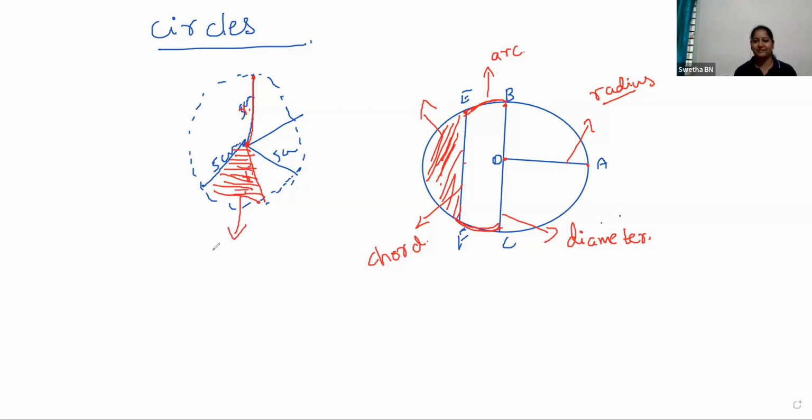This is sector. This is segment. Sector is nothing but the region between the two radii and the arc. The region between the arc and the chord, that is segment. Here it is called minor segment and the remaining part is called major segment.